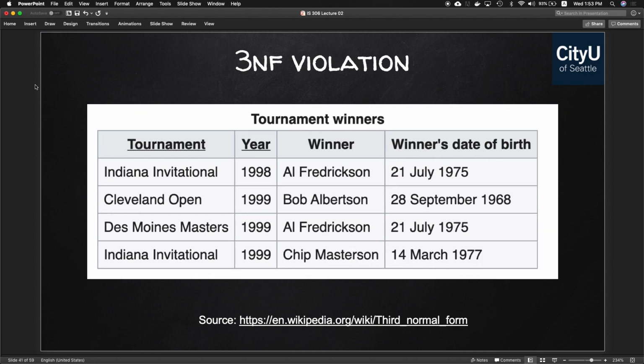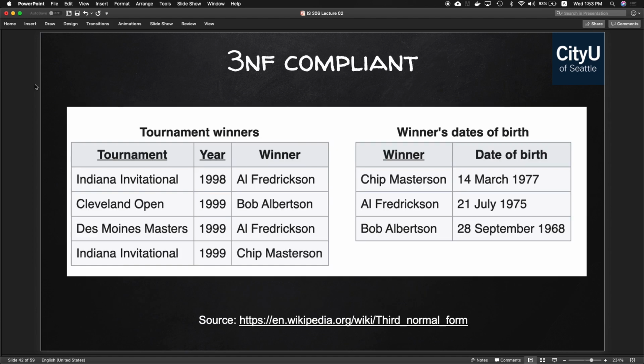Because again, the winner is not a primary key in this table. I'm thinking it's gonna be the tournament and tournament year as the candidate keys. So that's all about third normal form, and I'll discuss the other normal forms because of the muddiest point, but for later. Have a question? No? Okay.